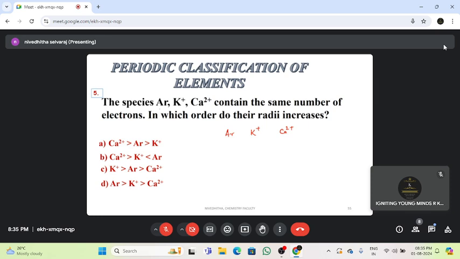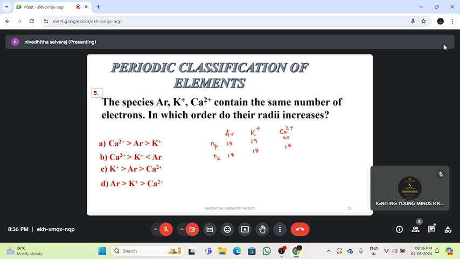We'll check. As far as argon is concerned, the number of protons is 18, the number of electrons is also 18. As far as potassium is concerned, the atomic number is 19, but here this is potassium plus, we have to remove one electron, so the electron count will be 18. Calcium, the atomic number is 20. Since it is in 2 plus oxidation state, the electron count is just 18.